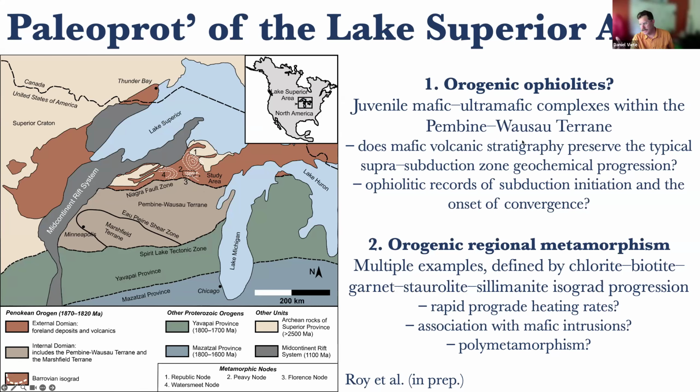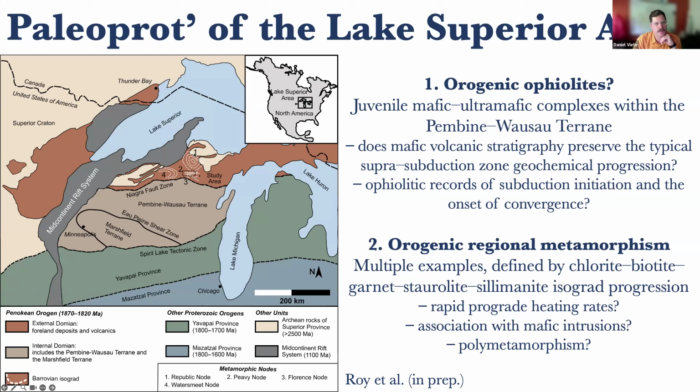So a couple of questions that my group has sought to address are, does the mafic volcanic stratigraphy in these juvenile terranes preserve the supersubduction zone geochemical signature that Bob Stern and others have put forward for subduction initiation? And so are these ophiolitic records potentially of subduction initiation, the onset of convergence, during the Paleoproterozoic?